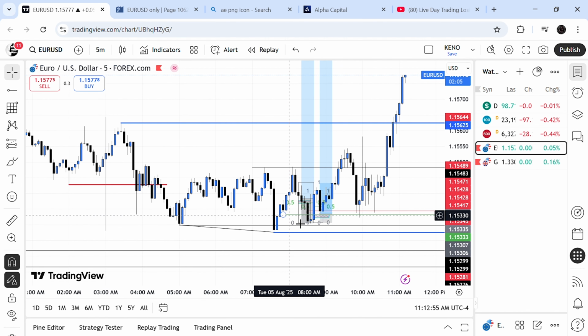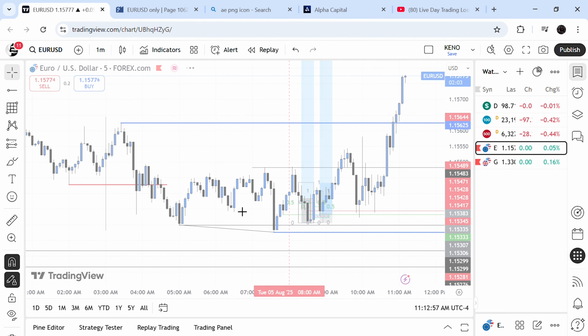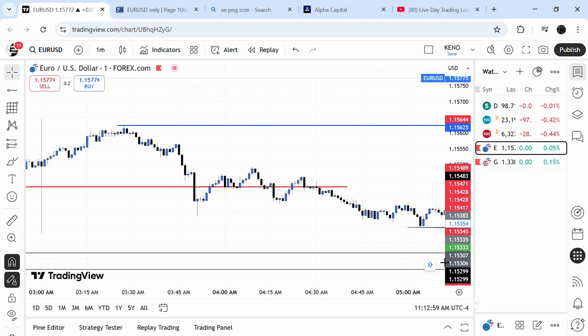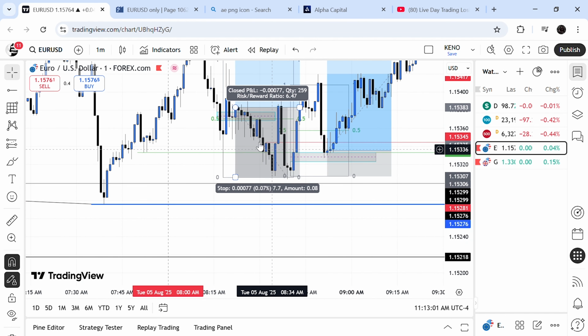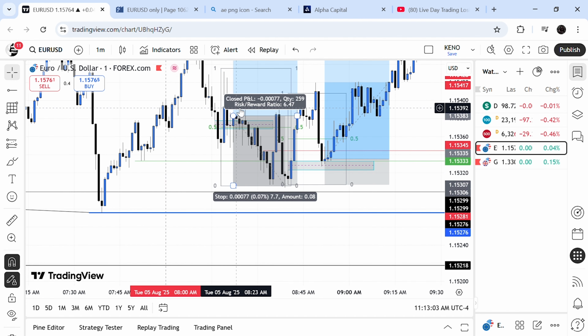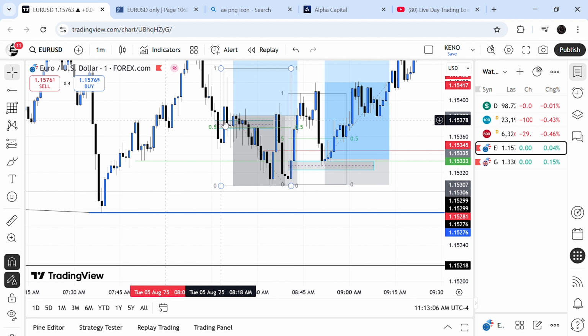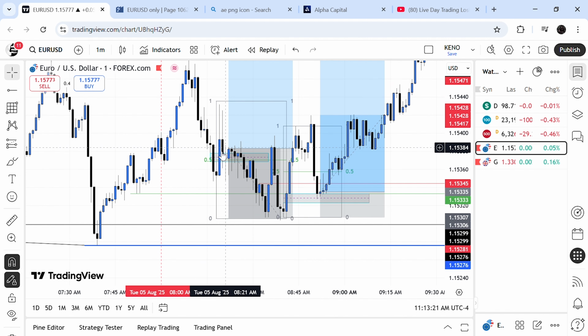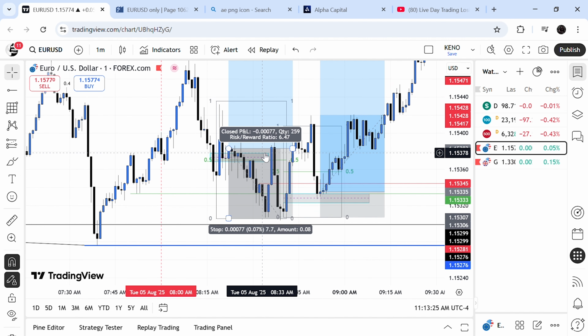So when market took it out, after the previous loss that I had, I went and traded this inverse fair value gap, and as you can see, I was all over the place today. That's why I said today was a crazy day. I was breaking all my rules and everything.